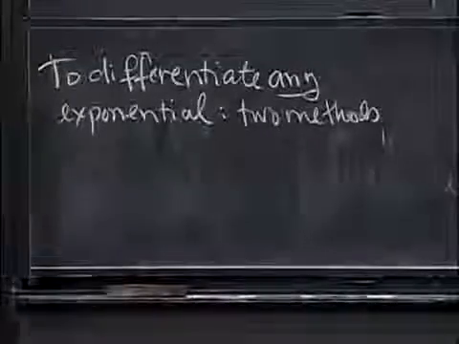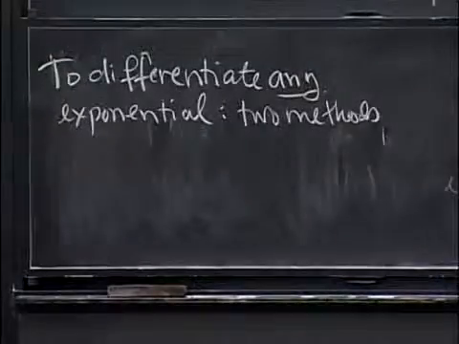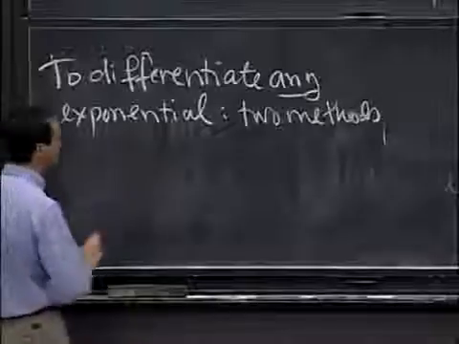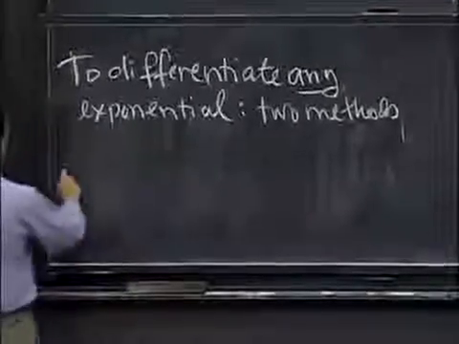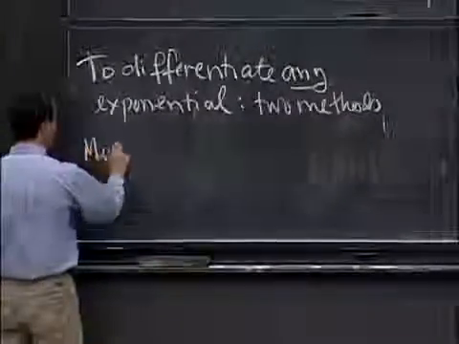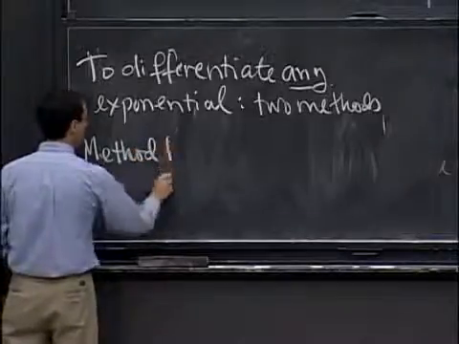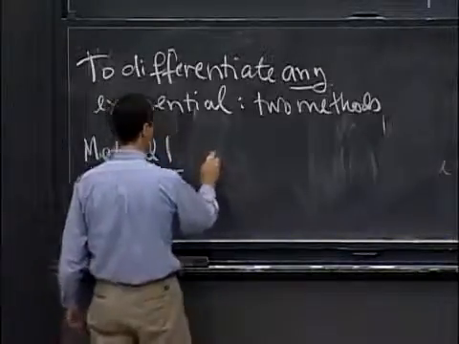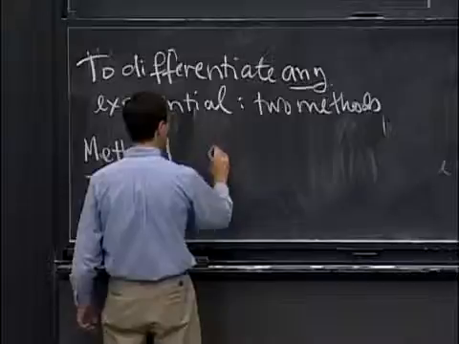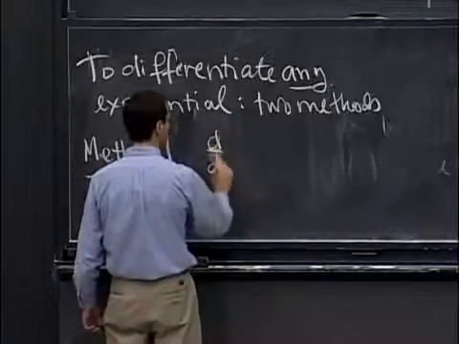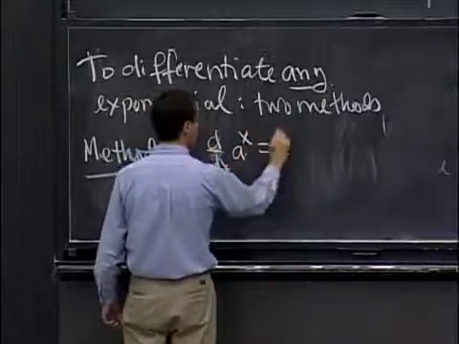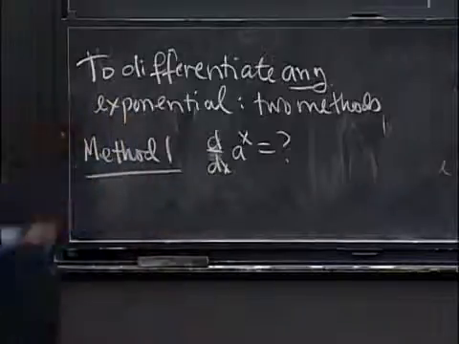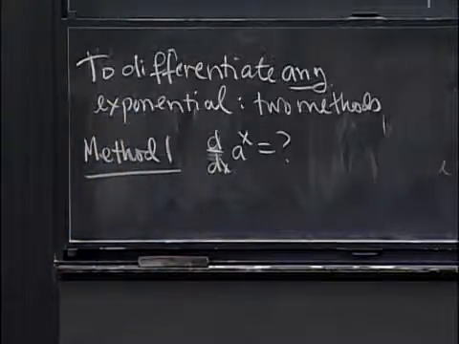They have the same amount of arithmetic, but you'll see both of them, and they're equally valuable. So we're going to just describe them. So method 1, I'm going to illustrate on the function a to the x. So we're interested in differentiating this thing, exactly this problem that I still didn't solve yet.